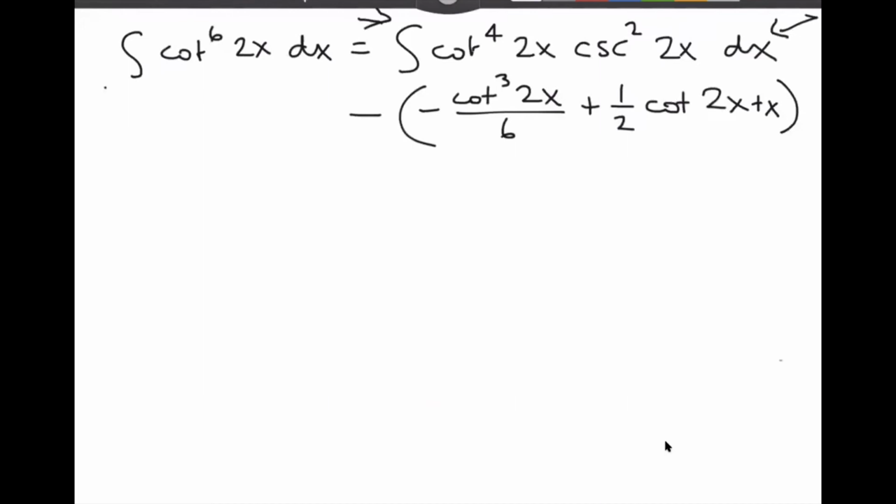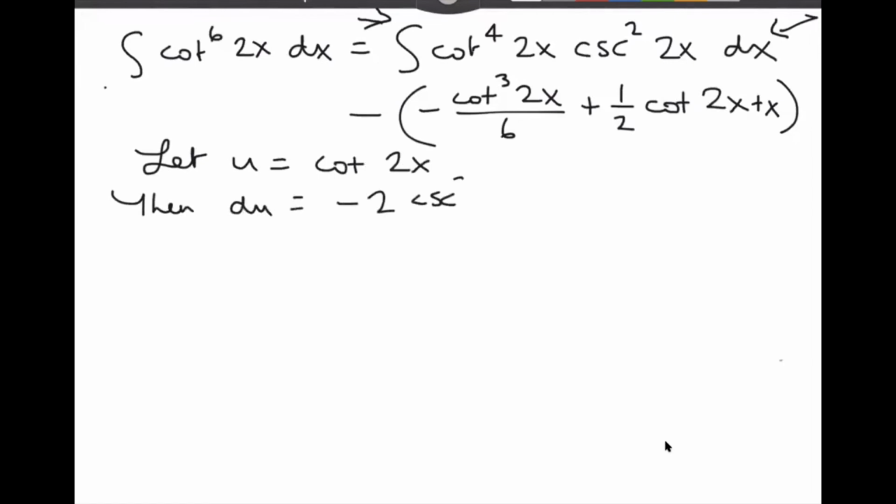So this is another substitution. We're going to let u equal, and it's the same substitution we did before. So let u equal cotangent 2x. That's going to make du negative 2 cosecant squared 2x dx, which means that cosecant squared 2x dx is negative 1/2 du.